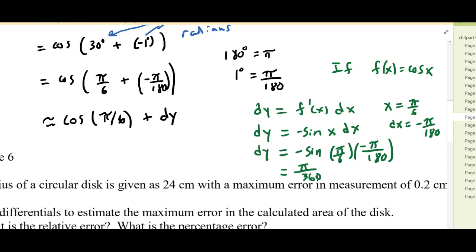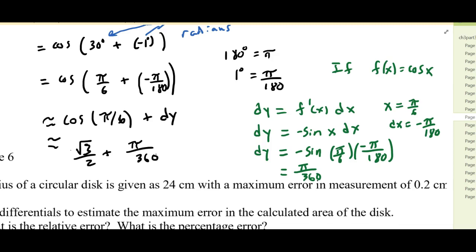Now I have all I need to approximate. Going back to my problem, the cosine of pi over 6 is root 3 over 2, plus this pi over 360. If I really wanted to, I could get a pretty close approximation without a calculator. I know root 3 is approximately 1.5-ish, and if I divide that by 2, that's like 0.75.